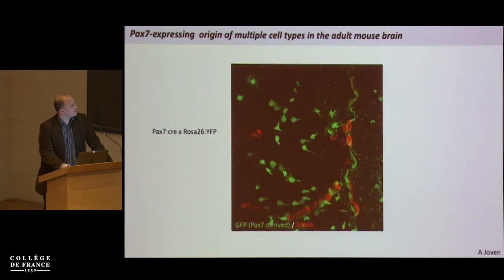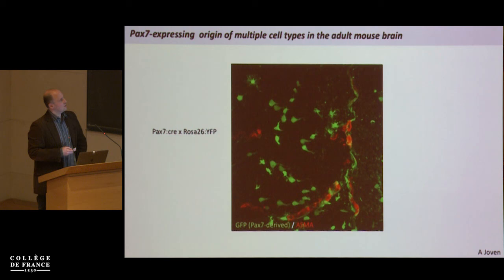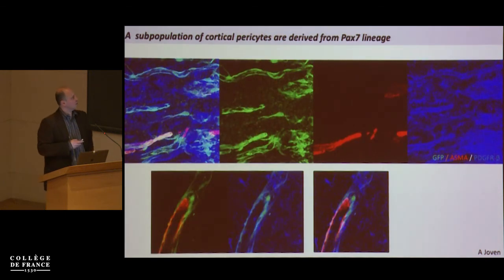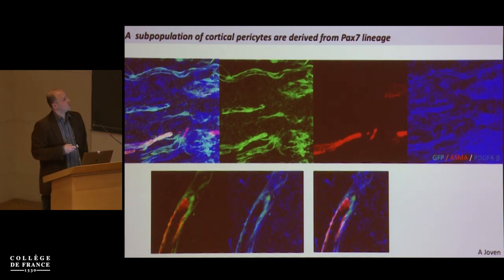Again, Thomas Brown sent us some crossings where all the PAX7 derivatives are green, and they give rise to different cell types in the brain. That was not new. However, what we think is new is that a subpopulation of cortical pericytes are derived from the PAX7 lineage.